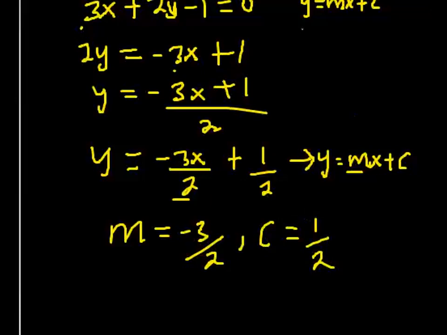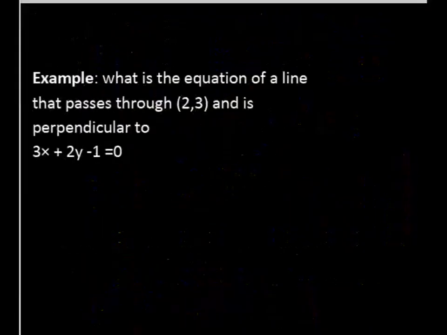So now let's go to our original question. Here we are. The question goes like this: what is the equation of a line that passes through the point 2, 3 and is perpendicular to this line? How do we do that?